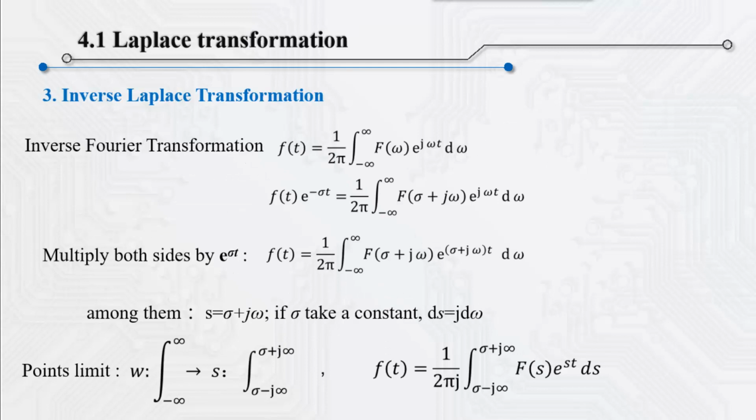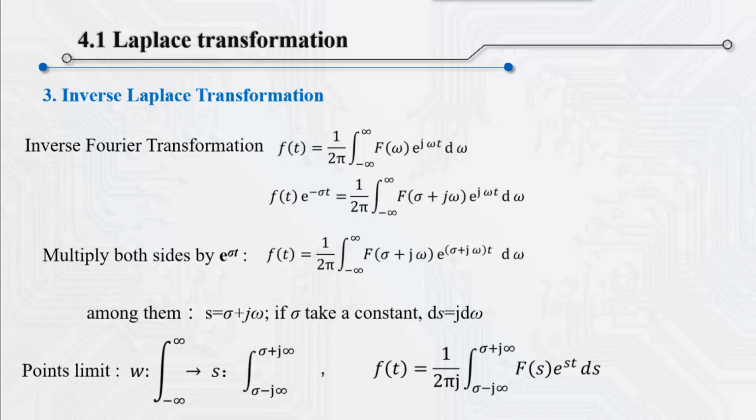Let's take a look at Laplace inverse transformation. We know that the inverse transformation of the Fourier transformation is f(t) equals 1 over 2π times the integral from negative infinity to positive infinity, as shown in the formula. We know the Fourier transformation of f(t) times e to the power of negative delta t is F(delta plus jω).